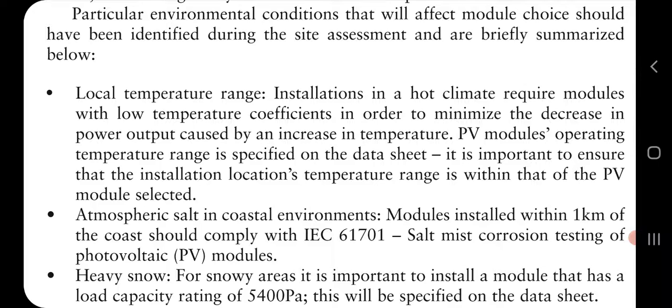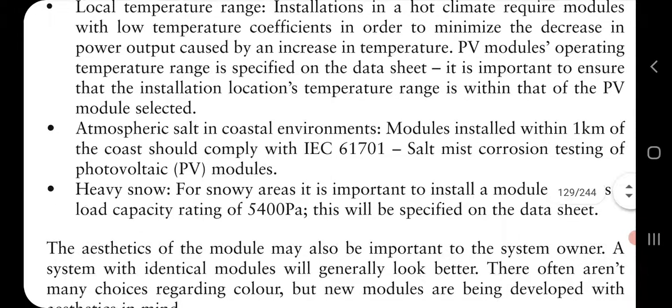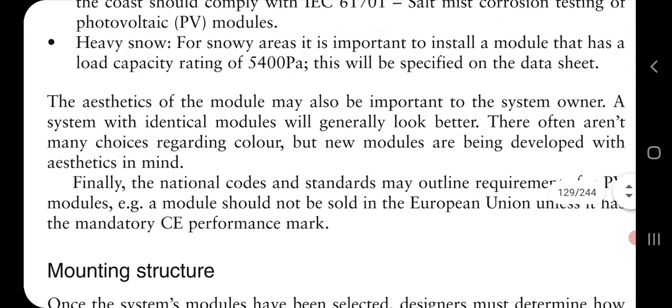Particularly in a coastal area, where there will be salty air and salty mist, corrosion is caused in the photovoltaic module. So some standard like IEC 61701 has to be used there. With heavy snowfall, we have to use a different type of model. It depends from area to area.